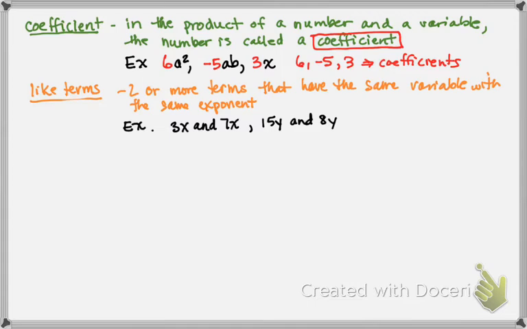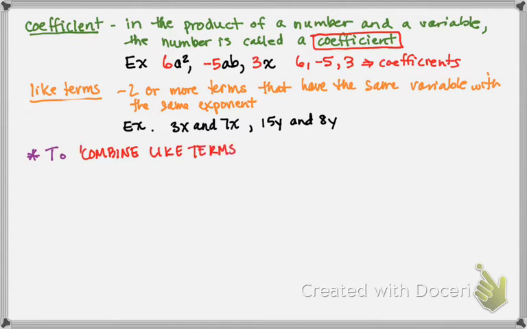Now, the point behind this whole set of notes today is to talk about how to combine them. So, to combine like terms, and just think the word combine means to put together.